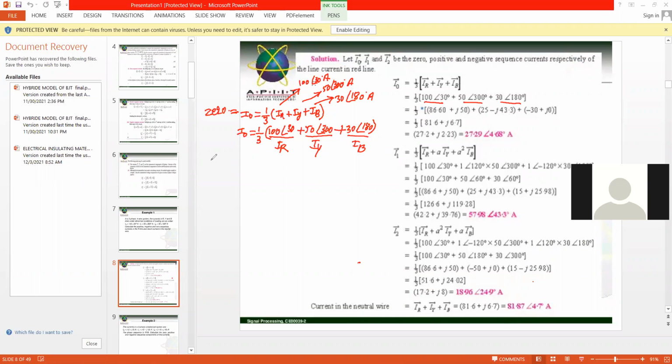Yes, what will be the I0 after conversion from polar to rectangular? All of you do this particular conversion.